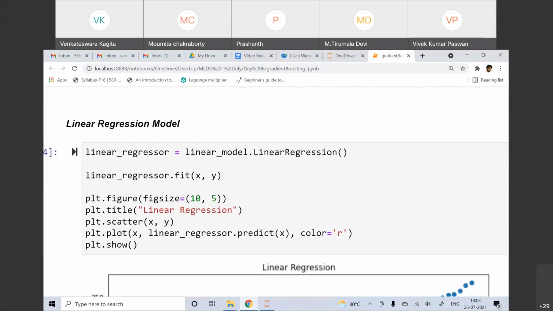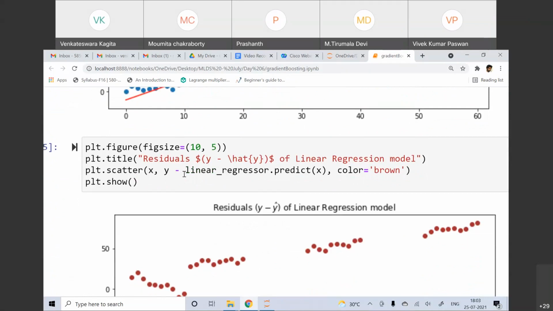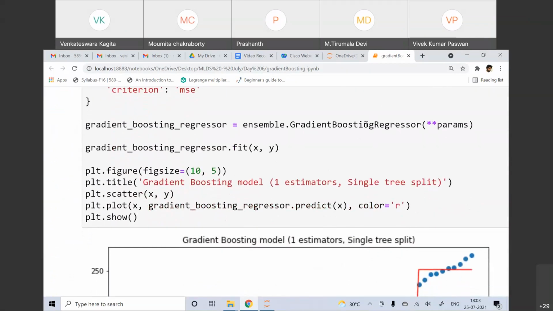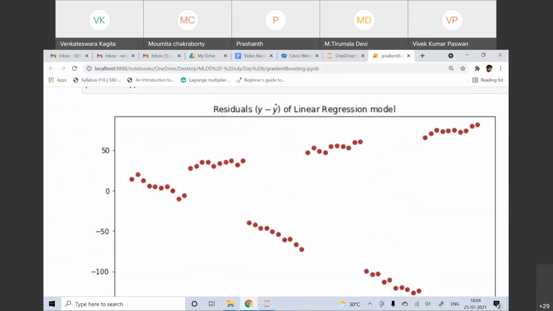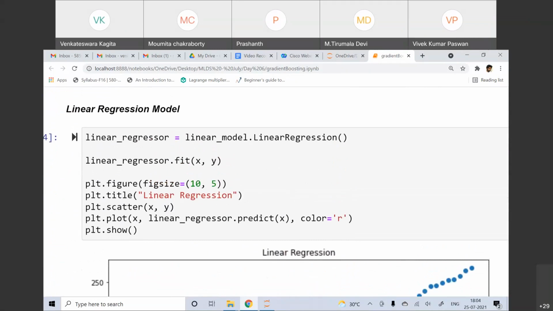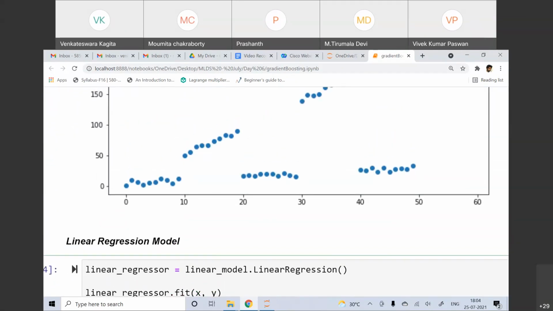Like gradient boosting classifier is also there, right? So you can directly import this instead of importing the whole ensemble library. You can just do from sklearn.ensemble import GradientBoostingRegressor.